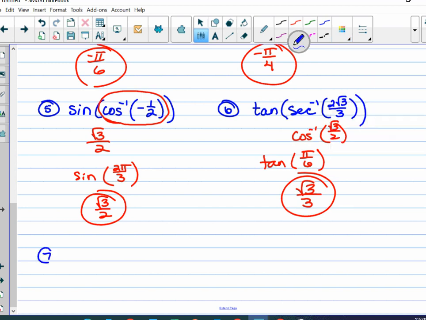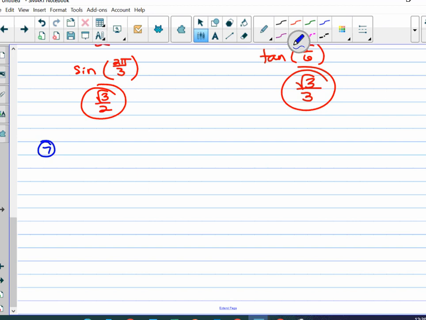All right, one more, guys. Oops, not inverse cosine, sorry. I have not shown you one of these. See if you can figure it out. I'm going to give you a minute.